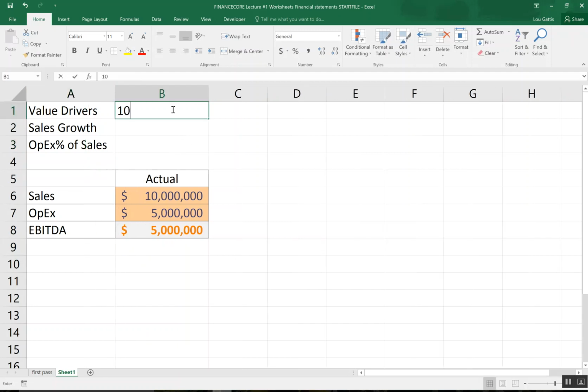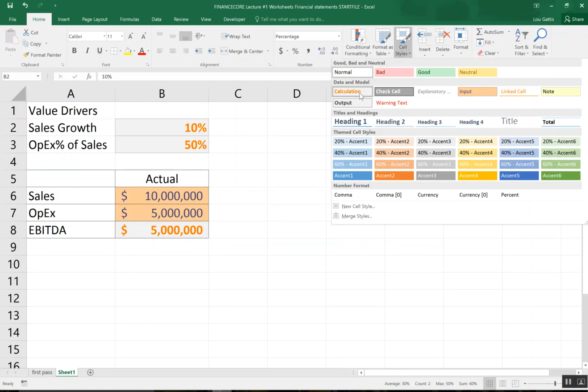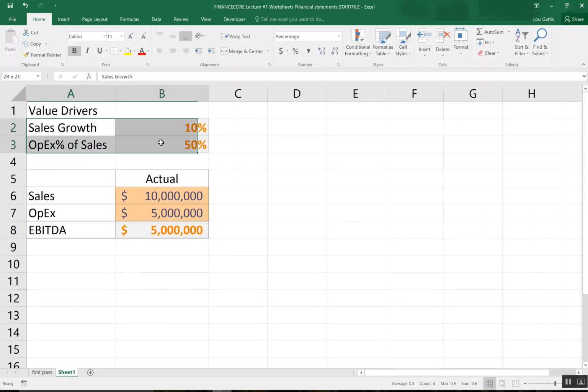So my sales growth is 10% and OPEX as a percentage of sales of 50%. I'm going to make those inputs and go ahead and add a grid.